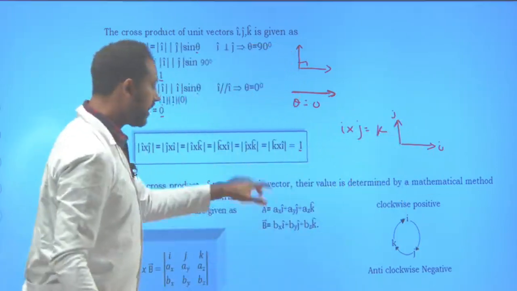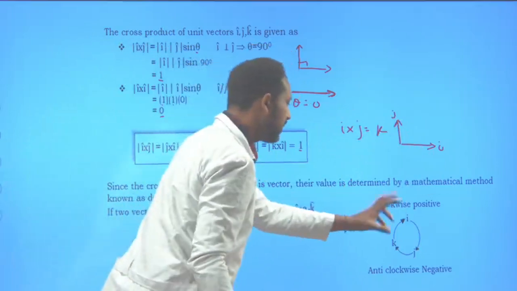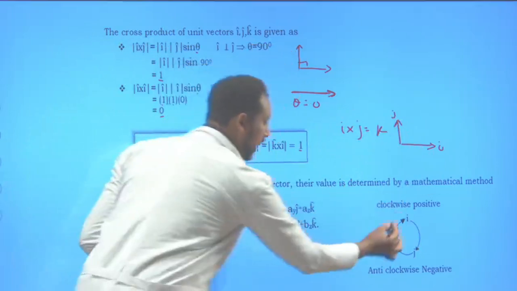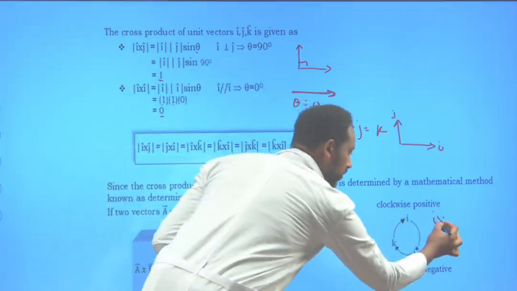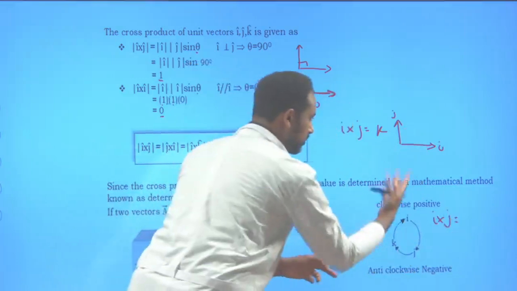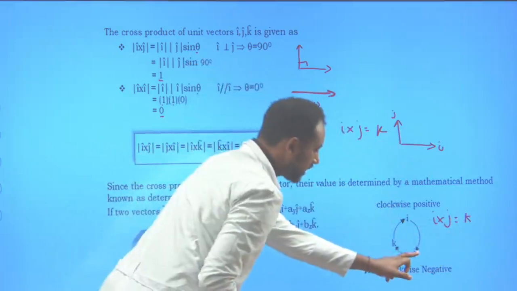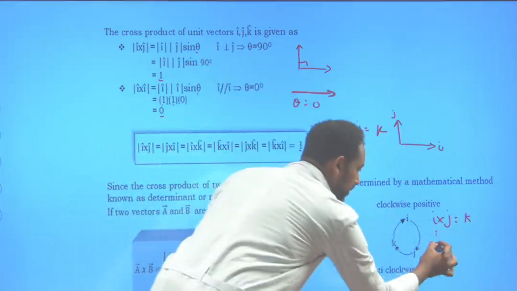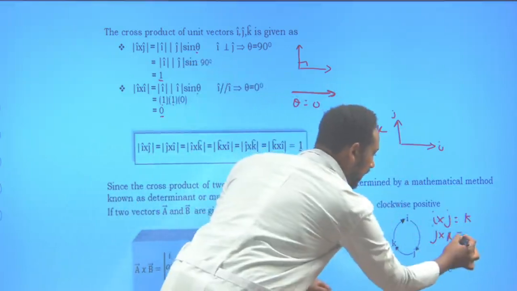And it's very easy to recall this using a simple technique. Here you have i, j, and k. The cross product of i cross j gives you, using the right hand rule as we have seen previously, k. And j crossed with k gives you i.